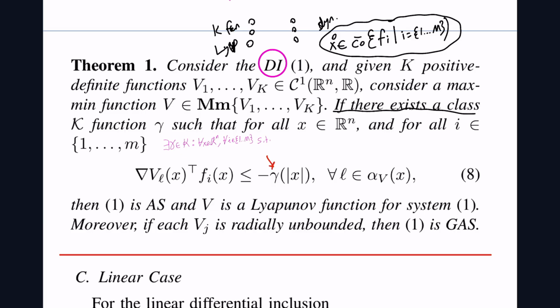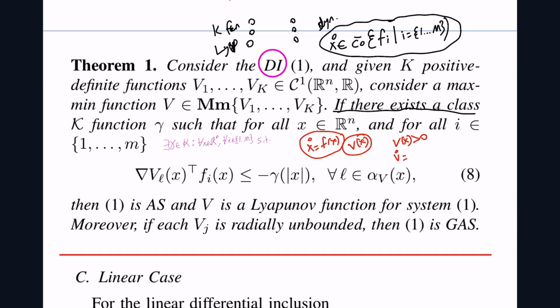Again, we have a class K function. This is the norm. That is it. Let's remember, for example, if we had the typical function, and this is the dynamics, and then this is the Lyapunov function. What would be our constraints on this Lyapunov function? That being positive, and then V dot.